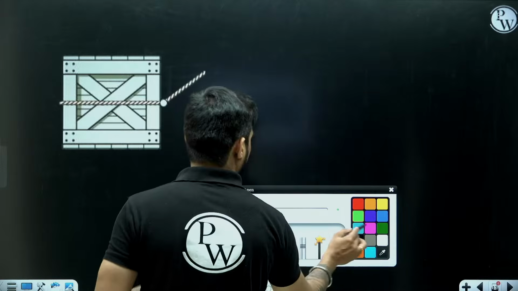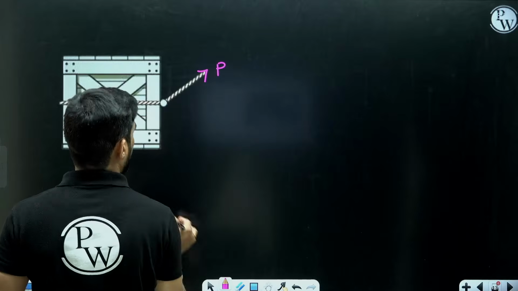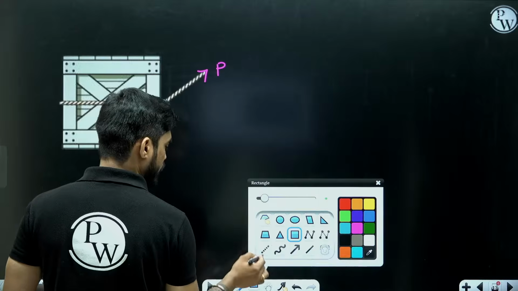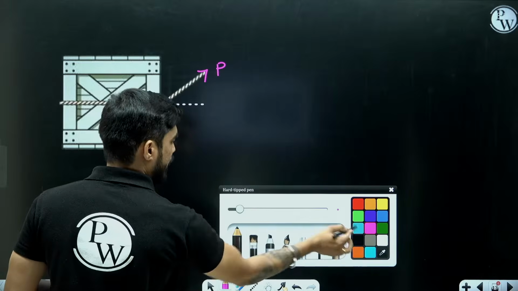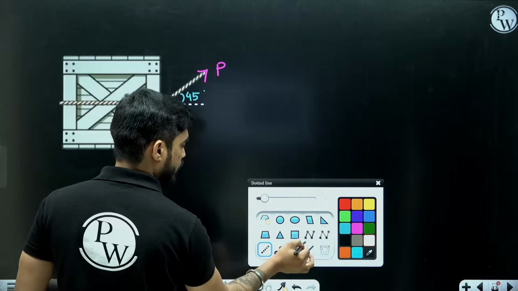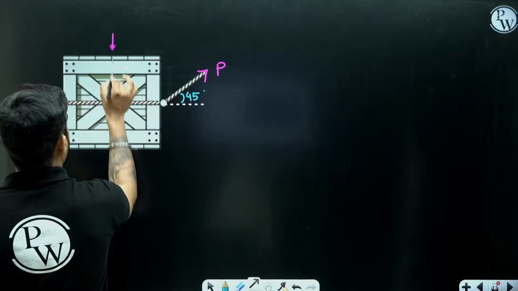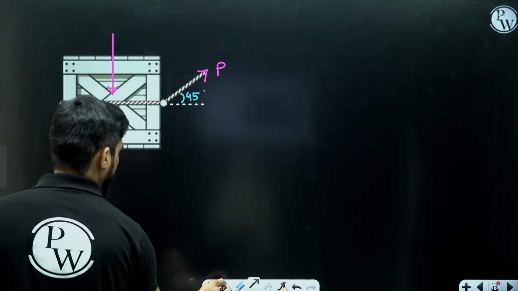So we draw the free body diagram. This is the P, which is acting at 45 degree. This is the weight of the crate, which is 350 Newton.